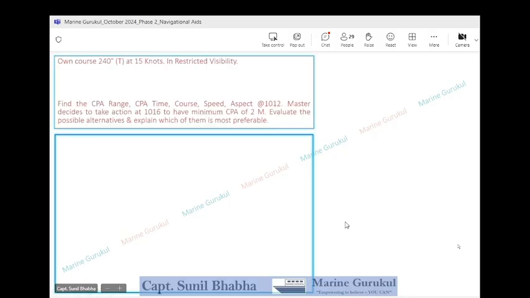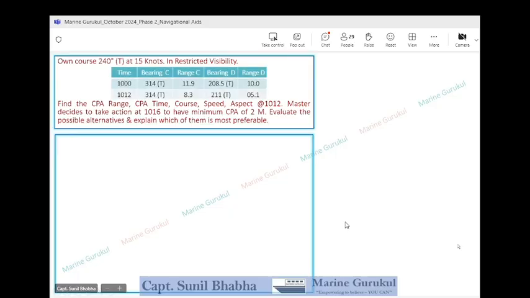So we have our next question on the screen now. The question says, own ship's course is 240 degrees true and speed 15 knots. In restricted visibility, it observes the following two targets, target C, Charlie, and target D, Delta.